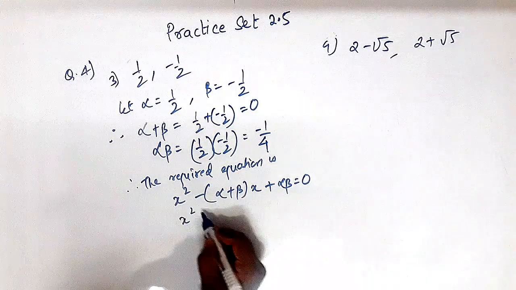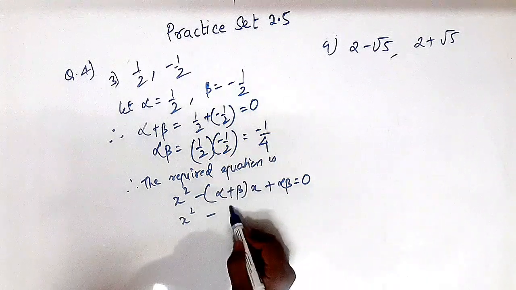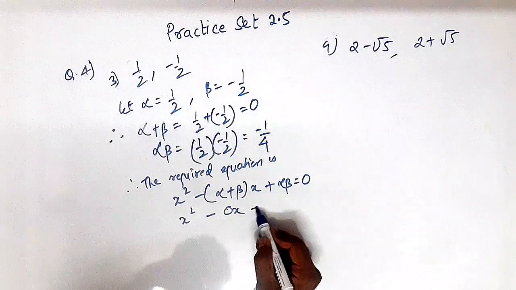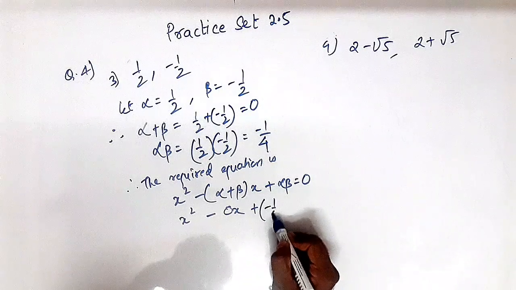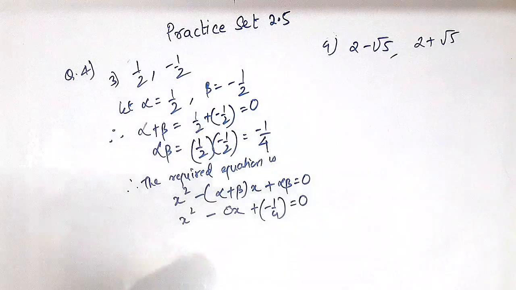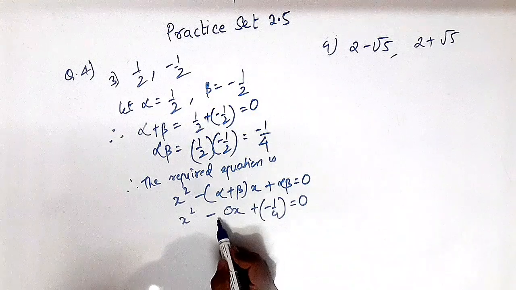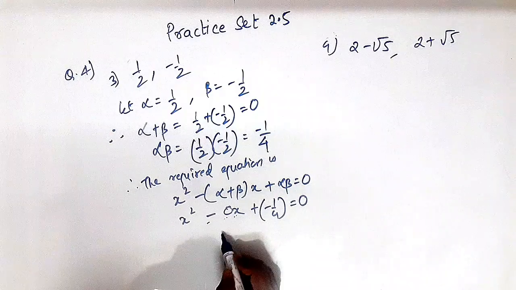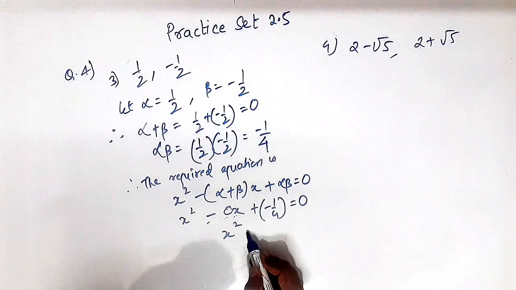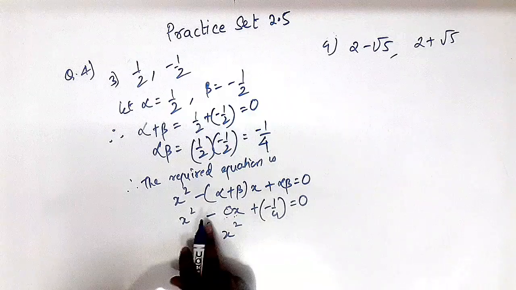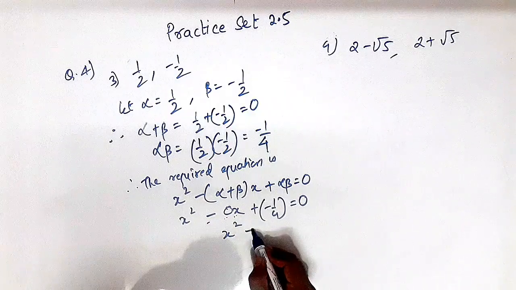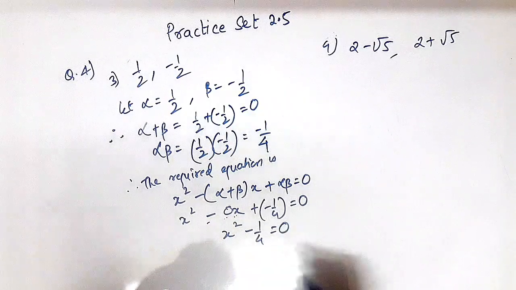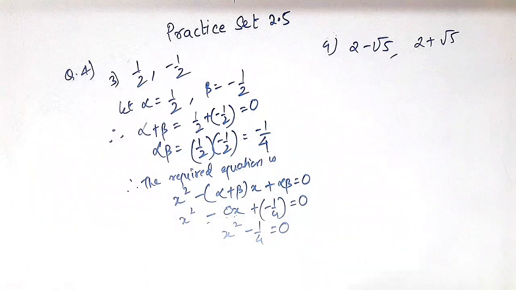Okay, so x square minus this is 0x. Okay, plus alpha into beta is minus 1 upon 4 equals to 0. You know students, 0 multiplied by any number is 0, so this will be ignored. X square, straight away we are writing this plus minus, so minus 1 upon 4 equals to 0. Okay, so this is the required equation.